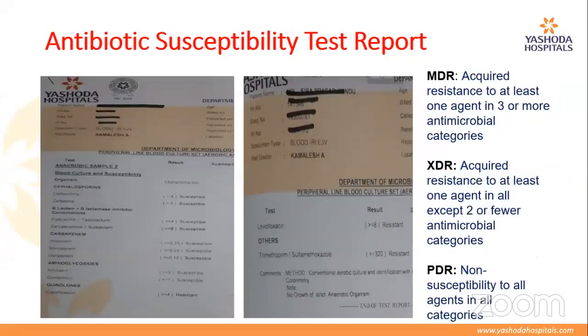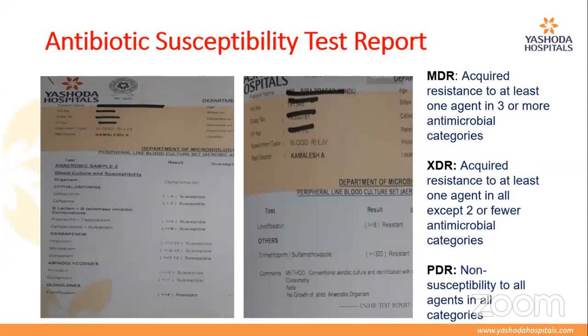The second group is the cephalosporin group, and the third group is ciprofloxacin, the quinolones group. Nitrofurantoin is also resistant, which is the fourth group. So here we can say it is MDR. Although the carbapenem is sensitive, the other four groups of antimicrobials are resistant, so we can categorize it as MDR.